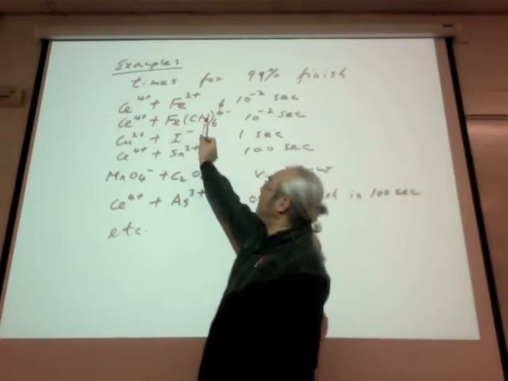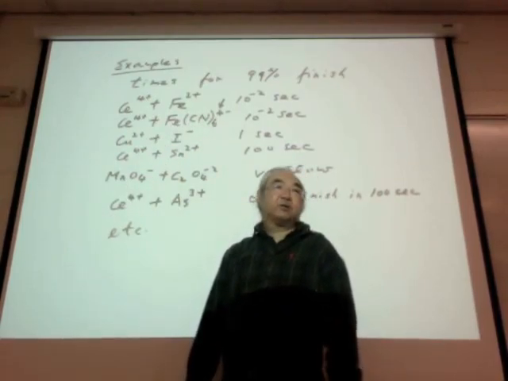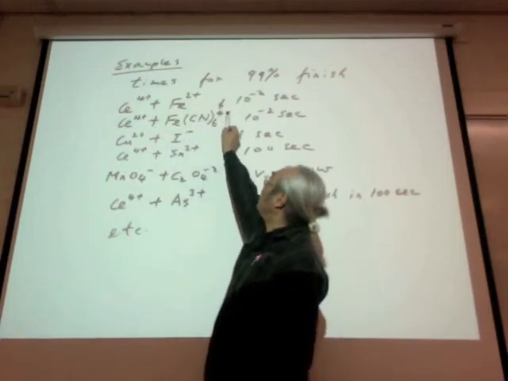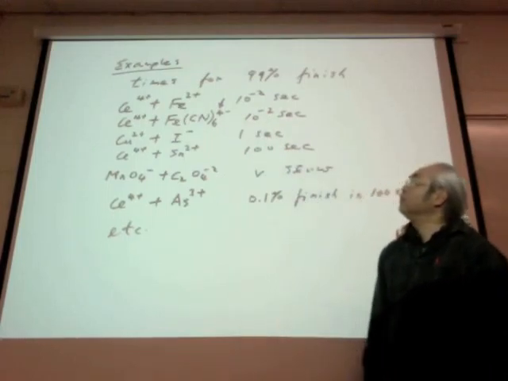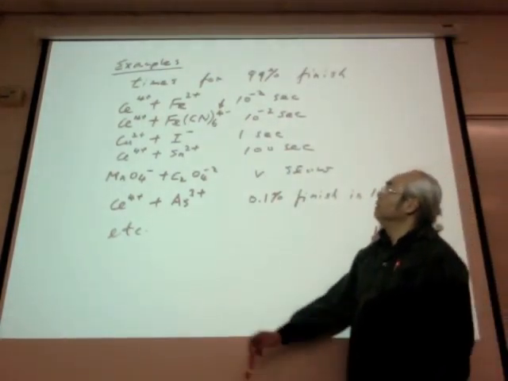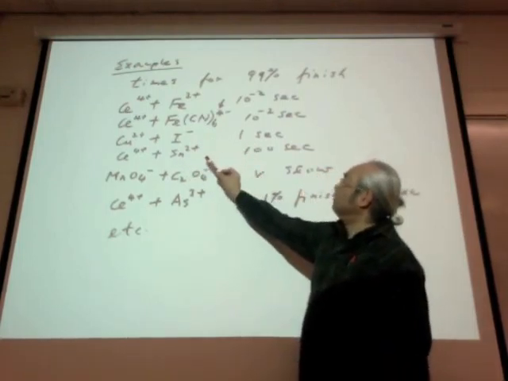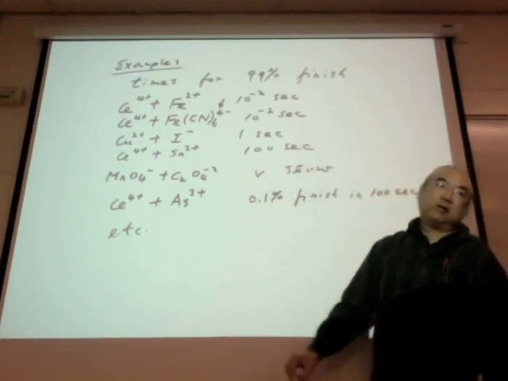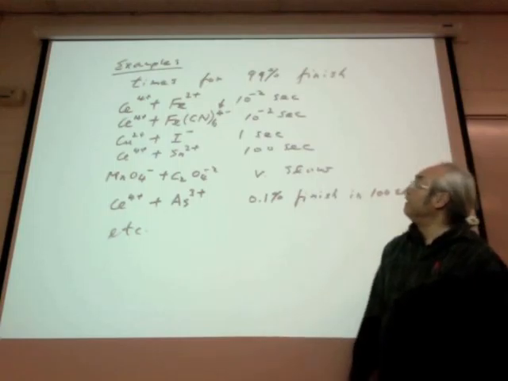If you mix with an anion, it is a complex, not the Fe itself, but an anion, and the reaction is also fast. And this one, mixing with that, is slow, 100 seconds, a couple of minutes, to finish.